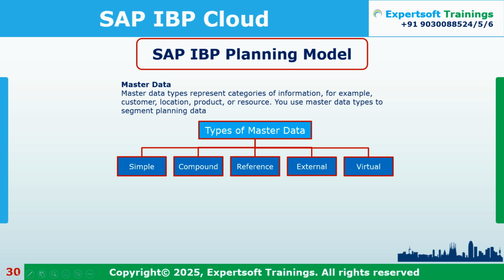Compound master data is the combination of one or two simple master data. When you're clubbing your product master data and the location master data, or when you're clubbing your location master data and the resource master data. So when you're combining two or more simple master data, then we form the compound master data.